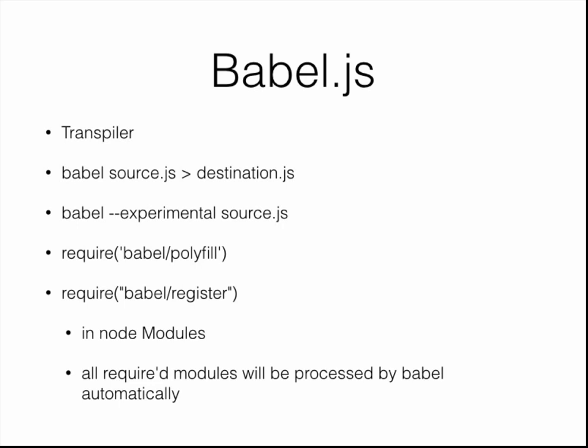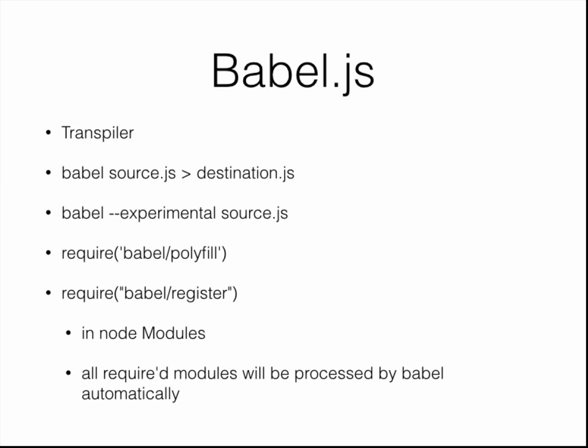So Node.js lacks some of the features, but if you use Babel.js and transform your code before running, you will get all of these features now. So in order to do that, you install the Babel library, you require this Babel register, and anything you require from now on will be first processed through Babel automatically.